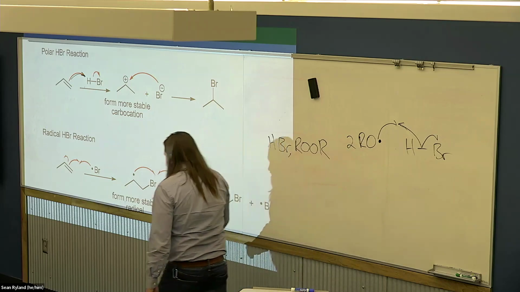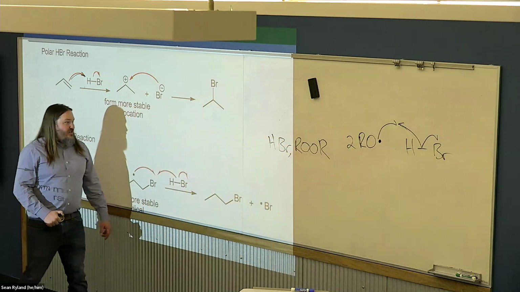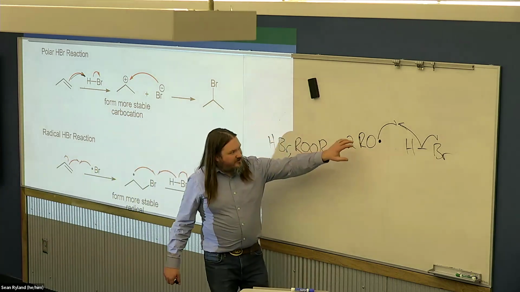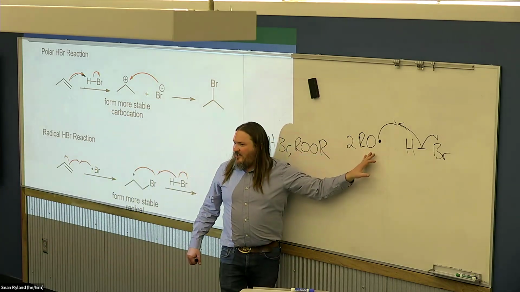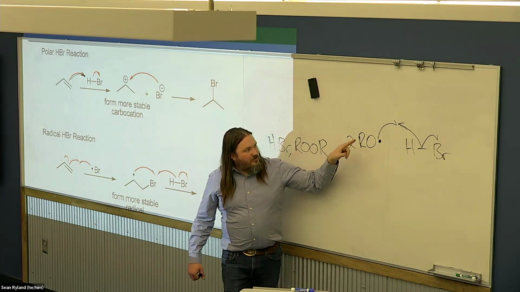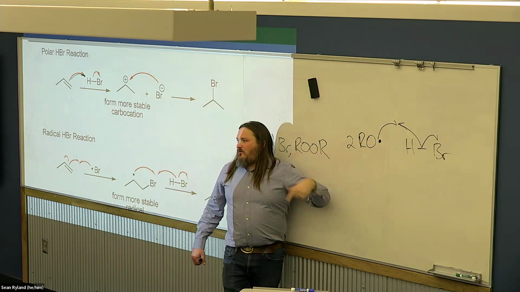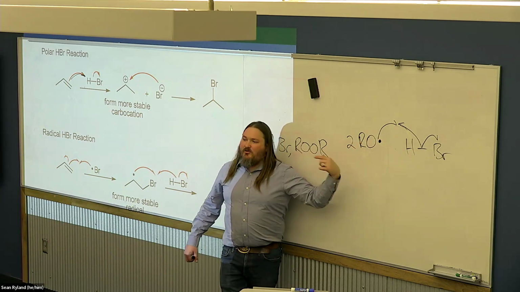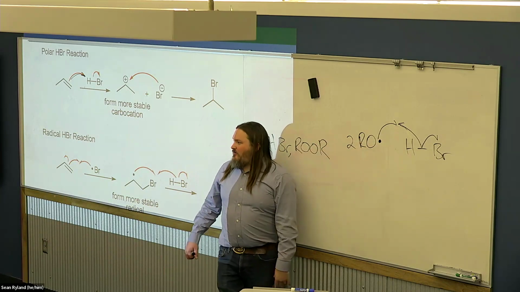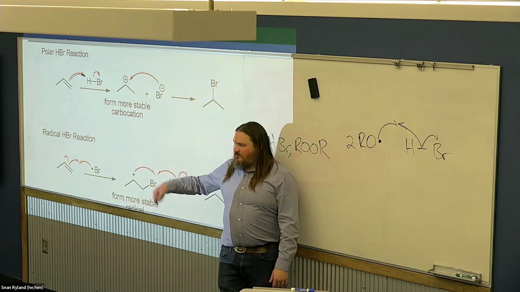It takes a couple of photons to do this a few times, and then once you have a radical, that radical keeps reacting and making a new radical. So every time a radical reacts, you're going to make another radical, which just keeps going.